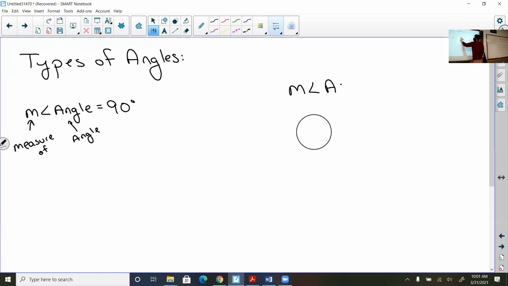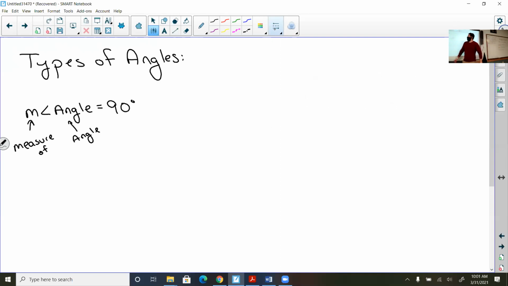If I said angle A, then I'm just referencing angle A, and maybe you told me that angle A is angle 1, or angle A is angle BAC. So when I get rid of the M, I'm no longer asking for a value. I'm just asking for an identification. But when I put the M in there, I'm looking for a concrete response.